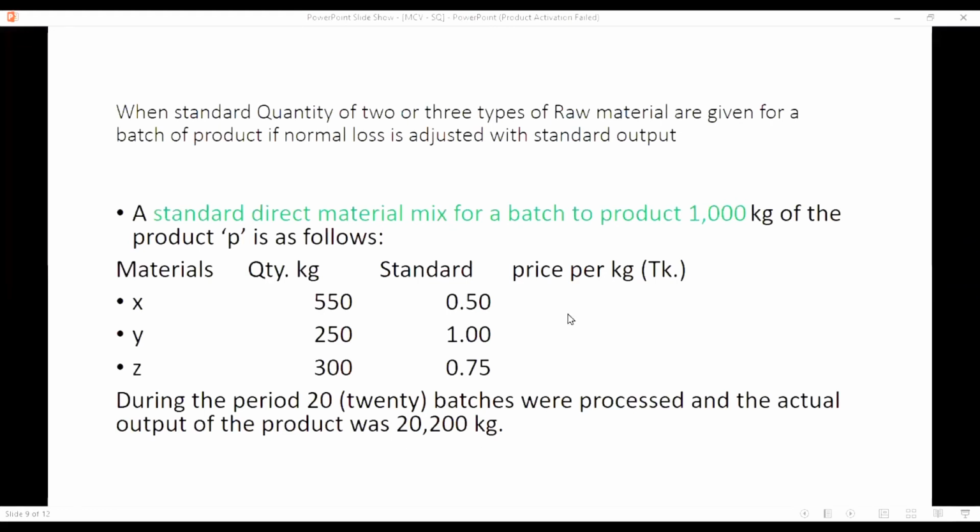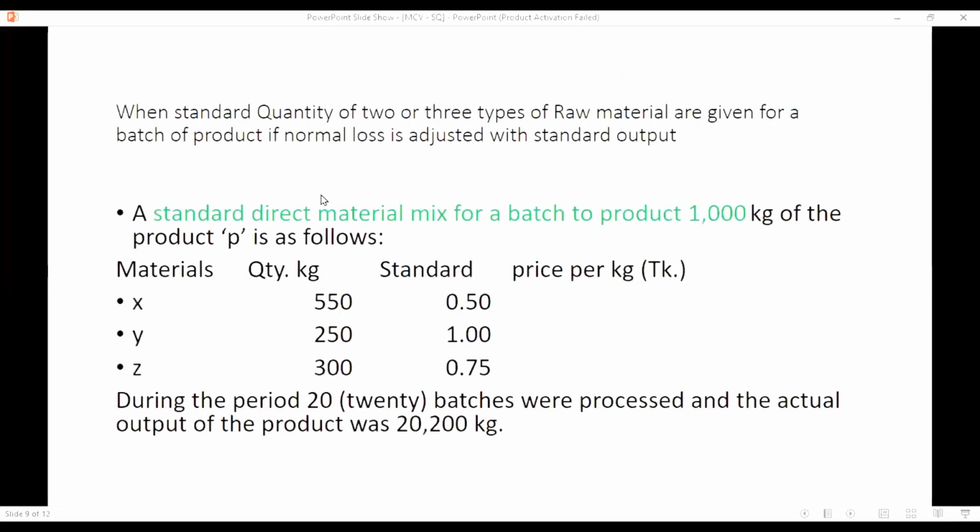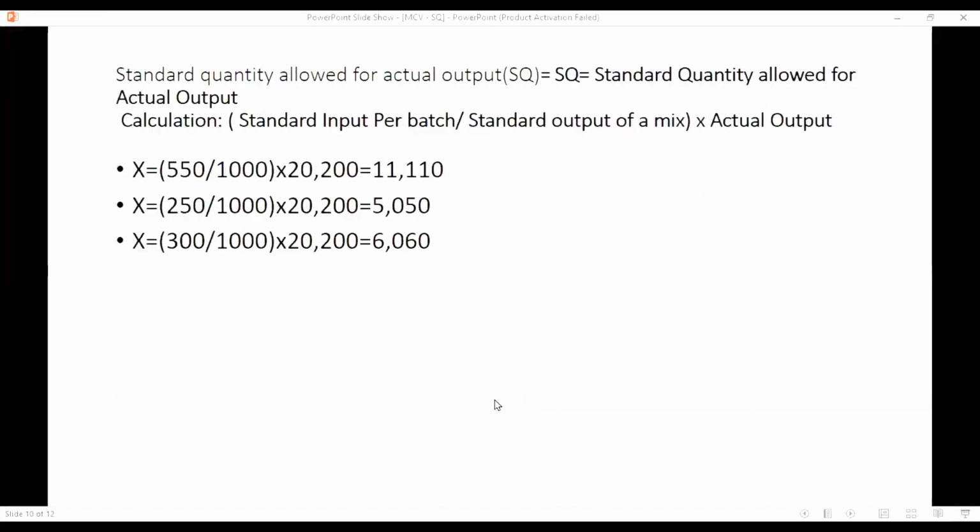So the formula will be the same as before. The formula is standard input per batch divided by standard output of a mix into actual output. Here standard input was 550, 250 and 350 for X, Y and Z. Standard output was 1000 kg and actual output was 22,200 kg.